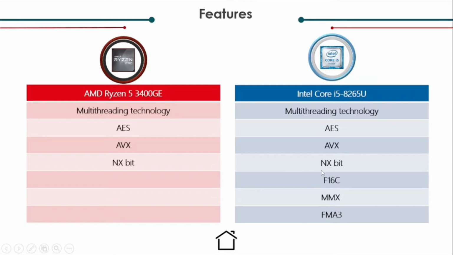But as you can see, there are features that the Intel Core i5-8265U has that the AMD Ryzen do not have, just like the F16C. F16C is used to speed up tasks such as adjusting the contrast of an image or adjusting volume. Same with the MMX, which is related to the image rendering processes, and also the FMA3.